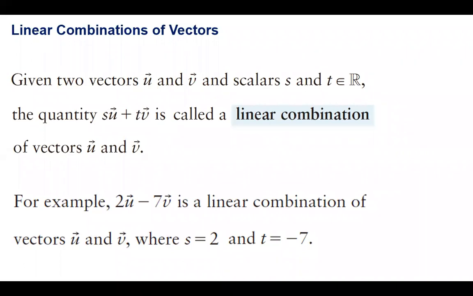For example, 2 times vector u minus 7 times vector v is a linear combination of vectors u and v, where s equals 2 and t equals -7. Are you clear? A linear combination of 2 vectors is expressed like this.